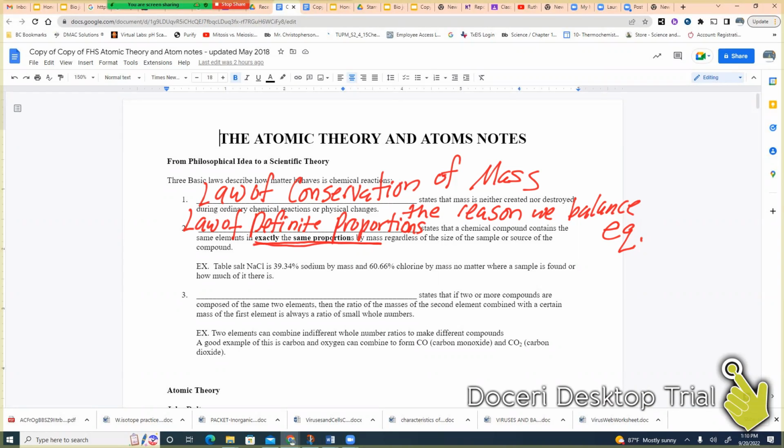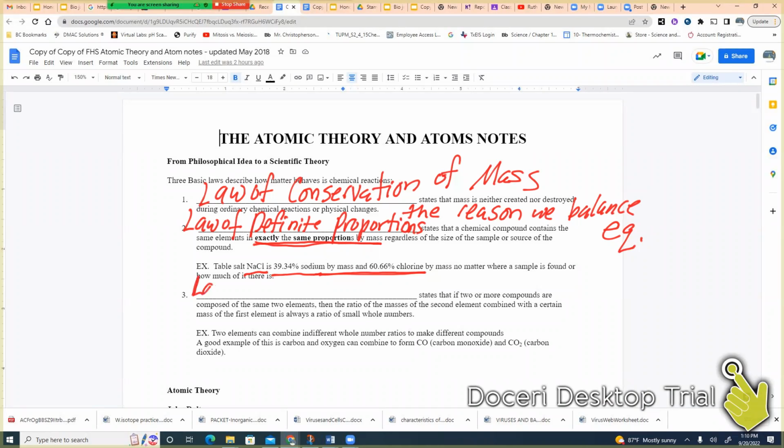So sodium chloride is table salt. No matter where I get that sample from, it's always going to be 39% sodium and about 61% chlorine. If you look at the formula, I only have 1 atom of each, but the chlorine is a much heavier atom. So that's why it takes up a larger percent mass.